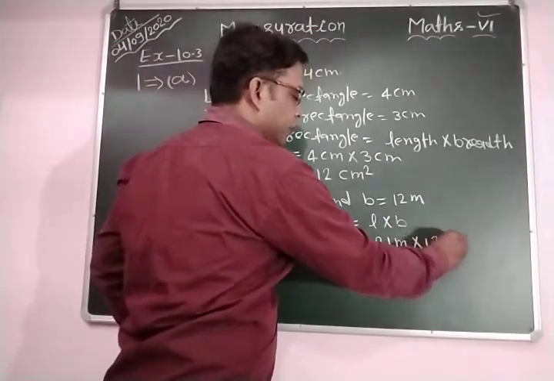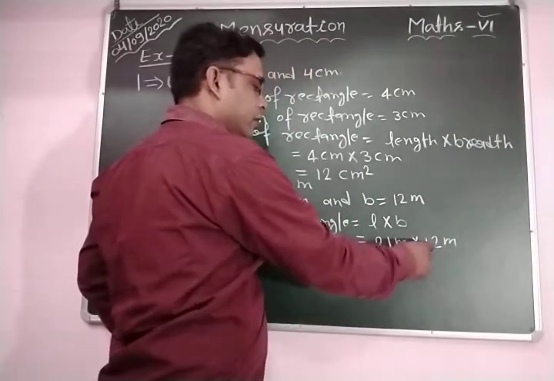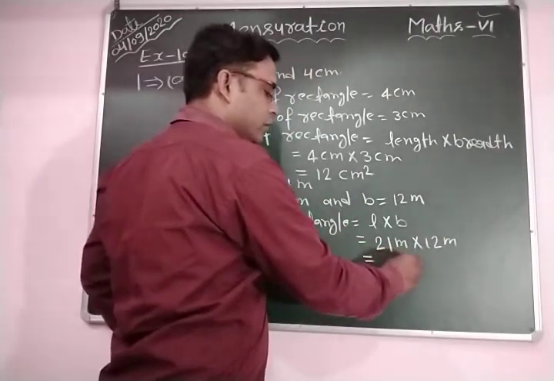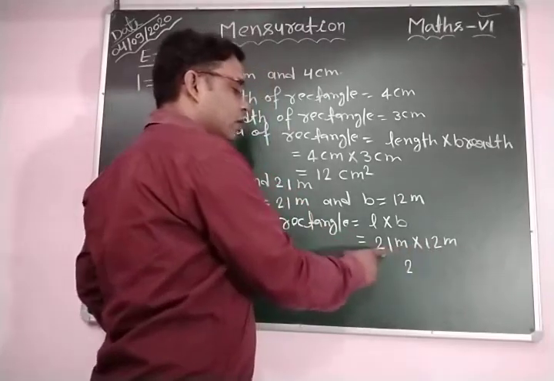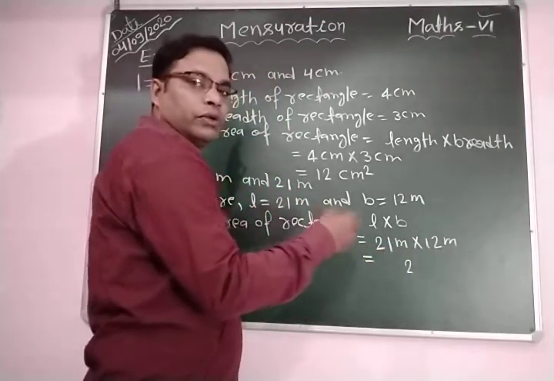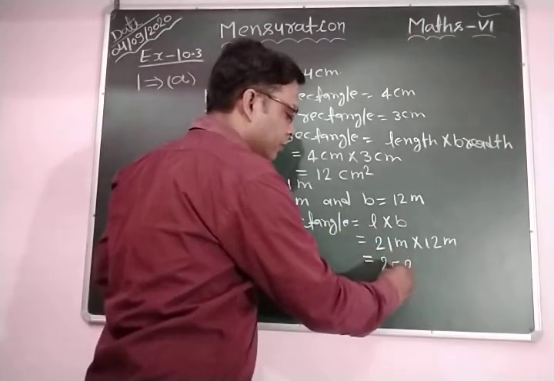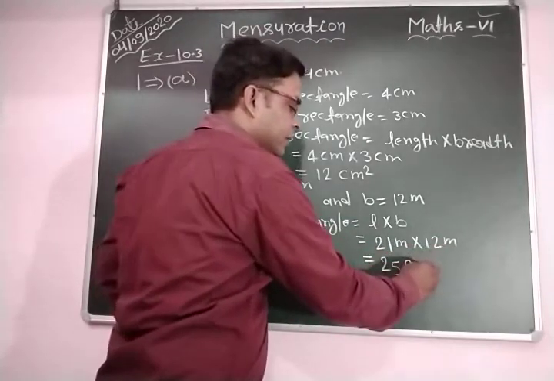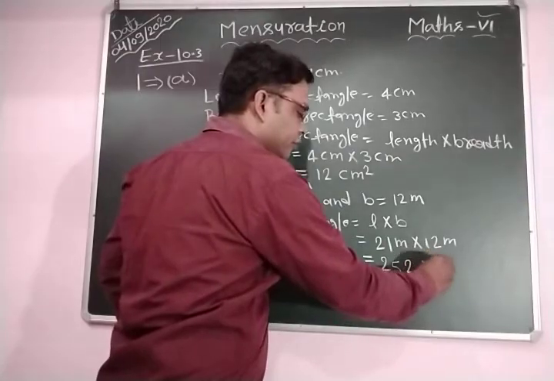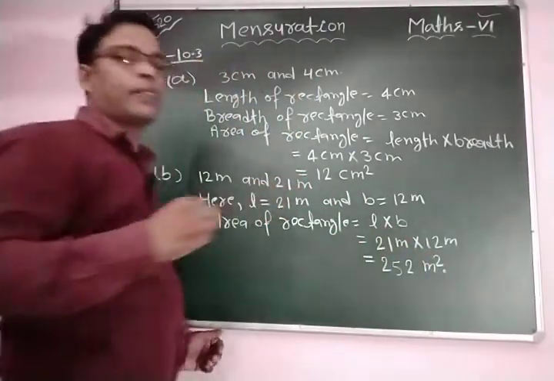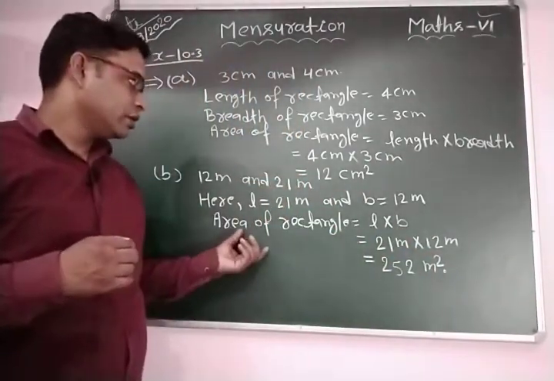This is equal to 12 into 1, 12, carry 1, 12 twos are 24, 24 plus 1, 25. This is equal to 25 meter into meter, meter square.